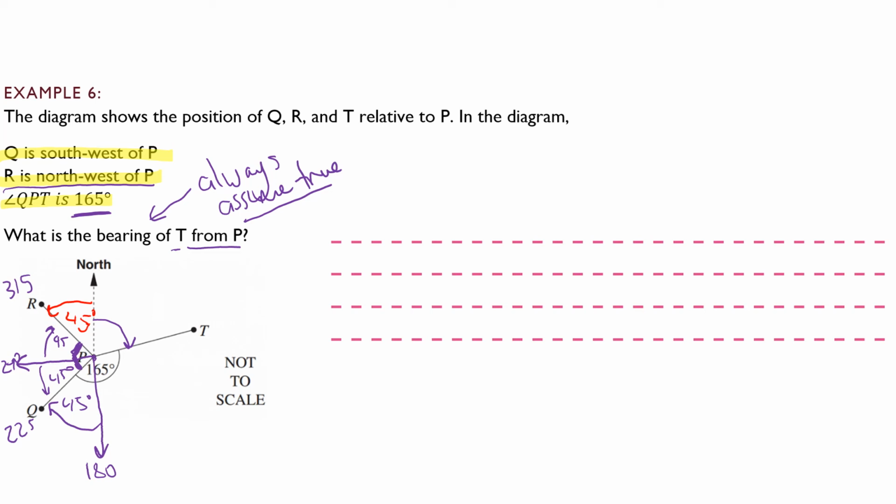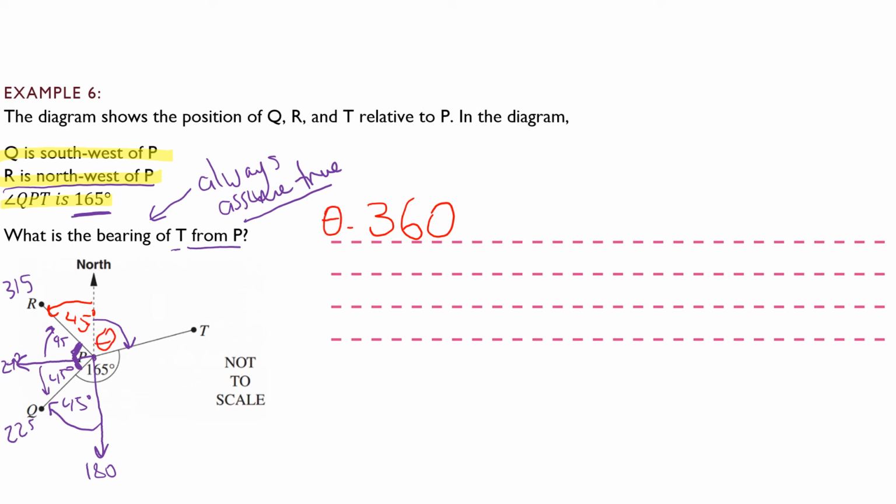So it's 45 degrees from north and 45 degrees from west. So the information we do need is that all the way around a circle is 360 degrees. And we want to take off all of the bits that we have. So we're left with this angle here, theta.